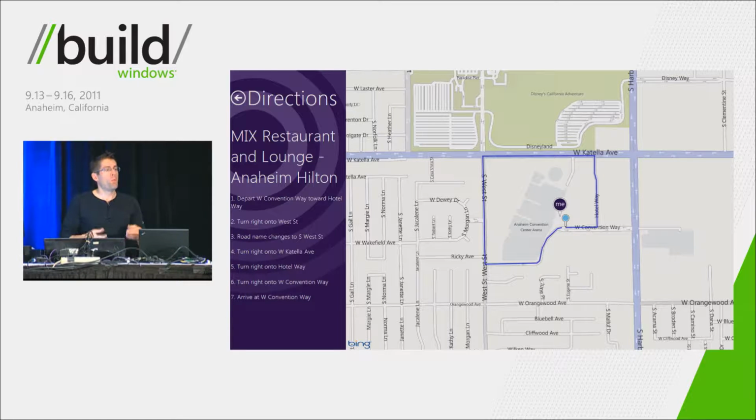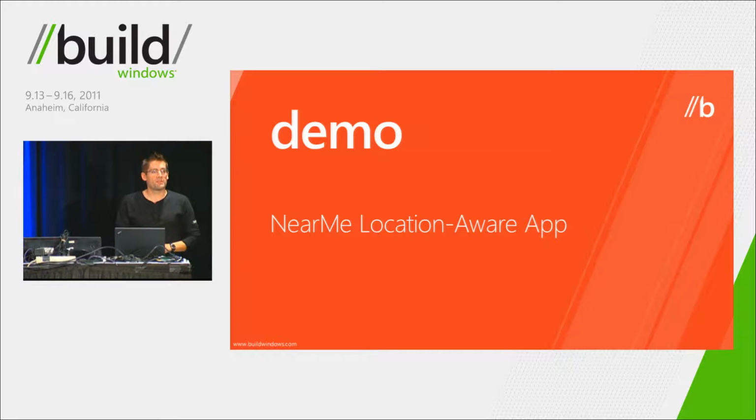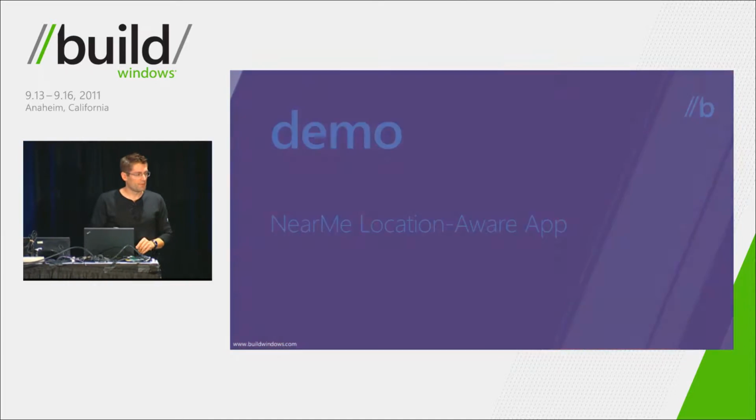So when I'm traveling like I am right now, I really appreciate having this type of functionality available because I'm just interested in what's within walking distance, really. So that's a simple example of a Metro-style application that uses our location. And it's actually quite easy to add this functionality into your application.